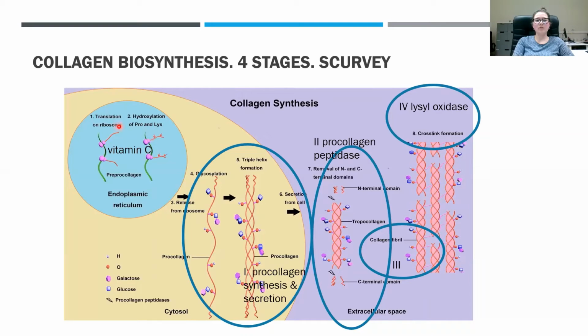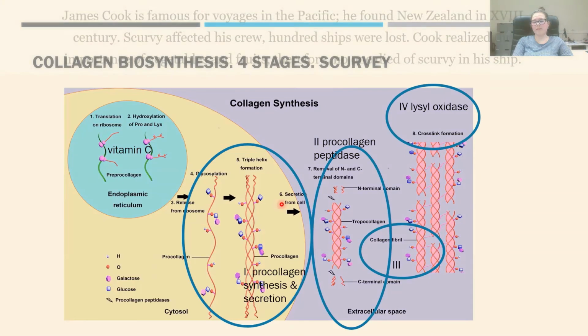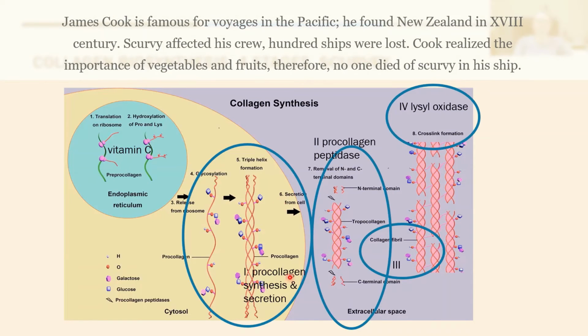And if we don't have vitamin C, we get the disease scurvy, which results in abnormal skin. Then we have release of collagen from the endoplasmic reticulum to the cytosol, where it is glycosylated, and we have triple helix formation, and this is called procollagen.